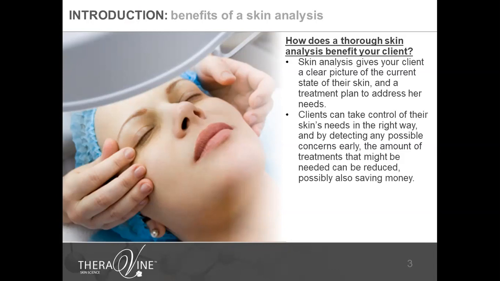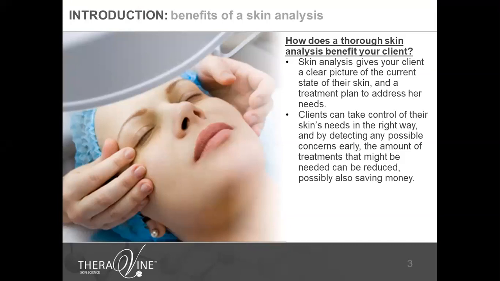Or your client will read in the magazine, what skin type do you have? And there's a quiz, and they go according to what they read. But it's not always the right information or a correct analysis of the skin.